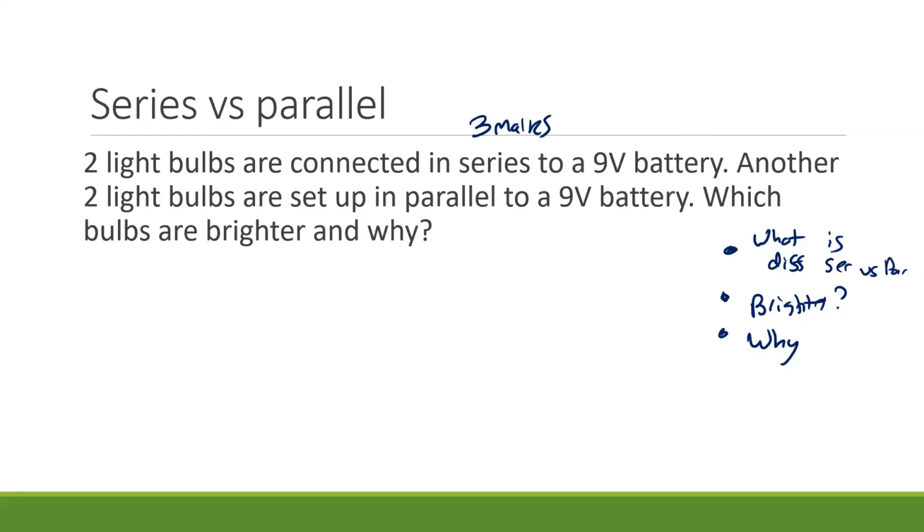The voltage splits in a series circuit because there is only one path for the current to flow through. Perfect. That would be the answer that I would give to something like that. Ladies and gents, I think that's about it.